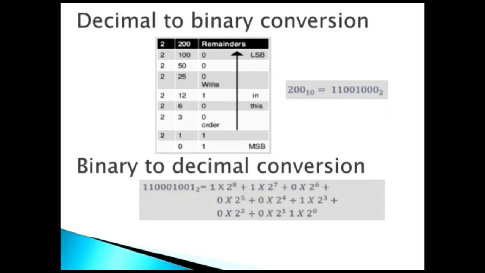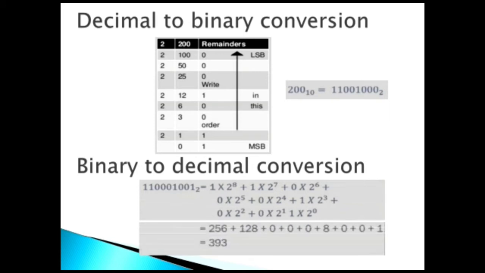Then we will multiply the next digit by 2 raised to power 1 and so on. We will multiply the MSB by 2 raised to power n, where n is based on the overall length of this binary number. In this case, this will give us 393 as an answer.